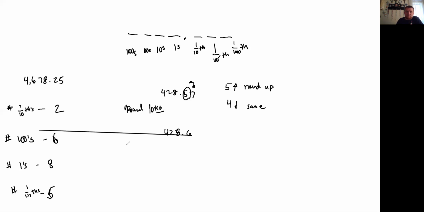Again, directions will specify what you're asked to round to. So I could have something like 147.91847. Let's say in this example, I was asked to round to the nearest whole number.